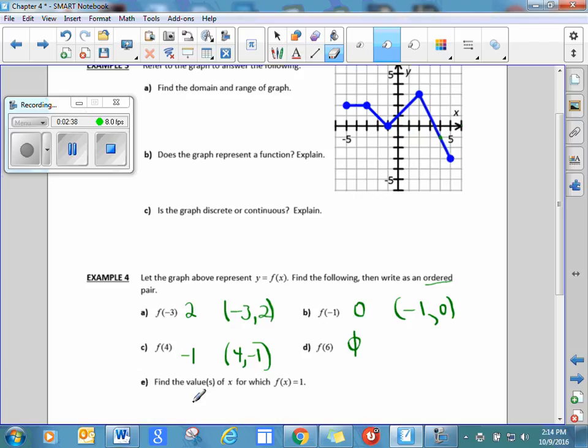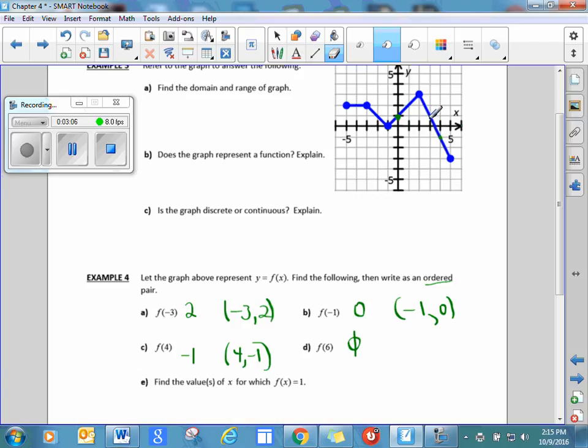Last part on this example 4: find the values of x for which f of x is equal to 1. Now they're giving you the output. They're saying, okay, I want to know all the x's where y is 1 on this graph. So if you go over here and you look at y equals 1, here it is. There, y is equal to 1.